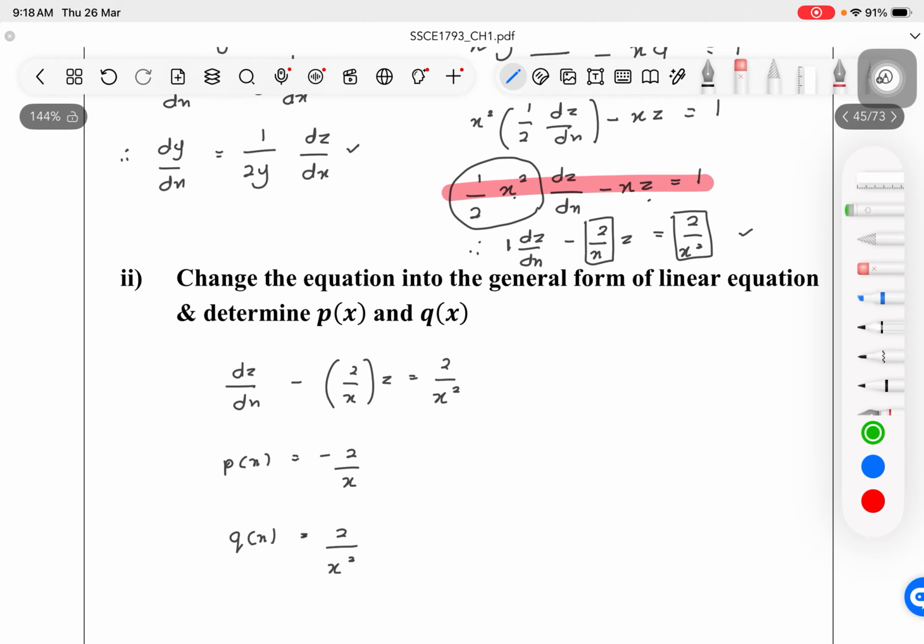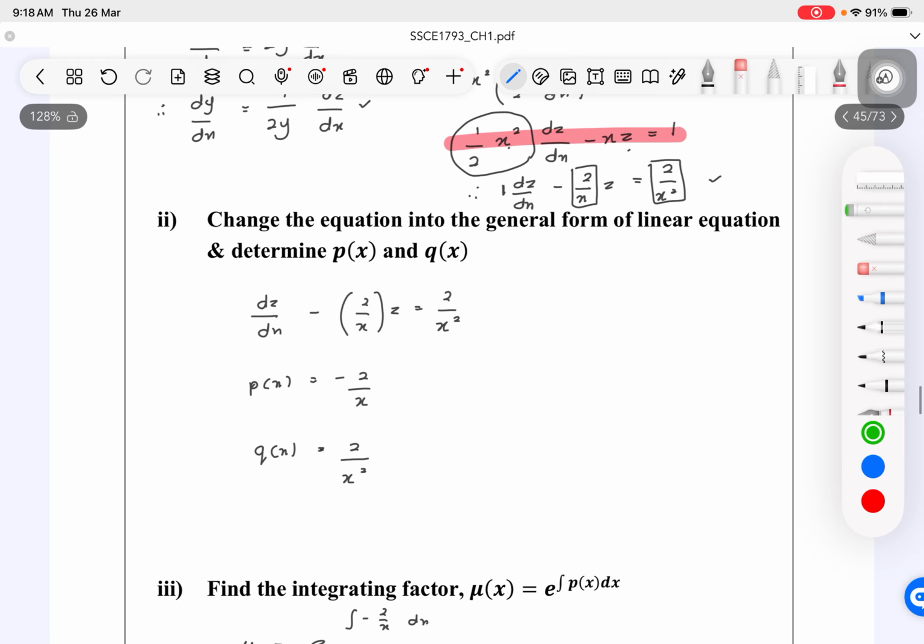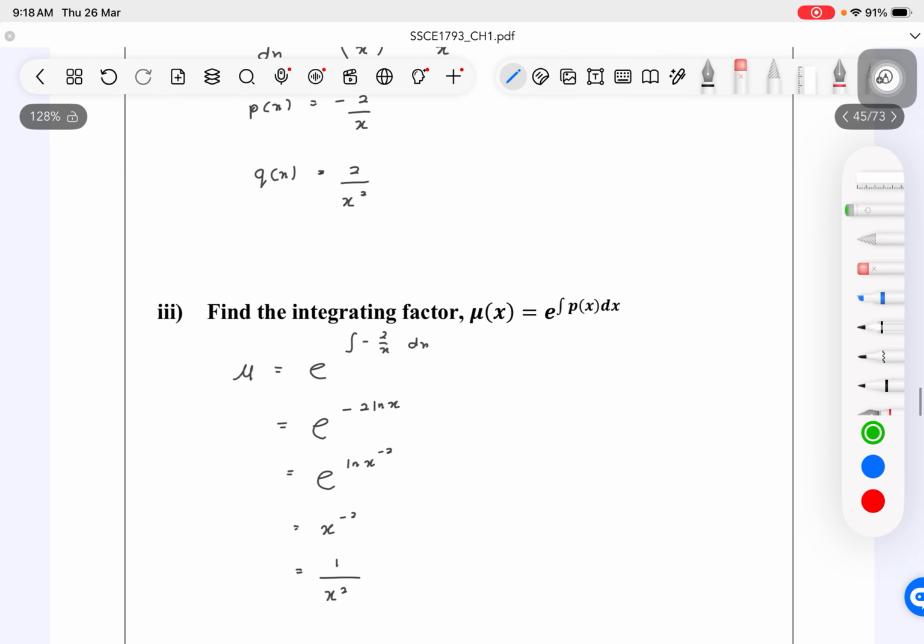Once you are able to determine your P(x) and also your Q(x), you need to find your integrating factor, which is mu(x) equal to e to the integral of P(x) dx.